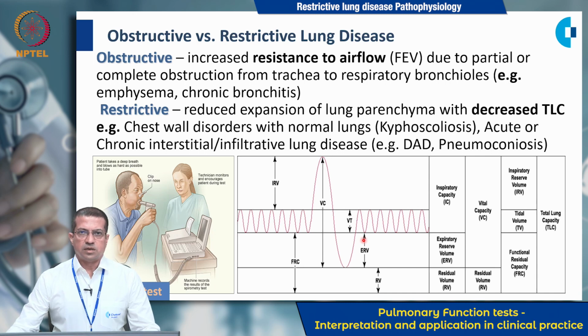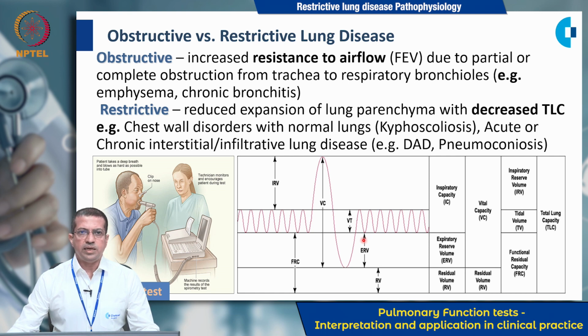This is a picture showing how a person is doing a spirometry test. This is clinically done to differentiate between obstructive lung disease and restrictive lung disease. You could see that a person is asked to deeply inhale as well as deeply exhale.